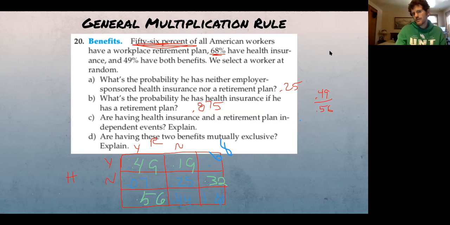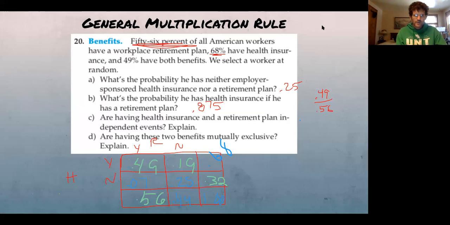Are having health insurance and a retirement plan independent events? I'll just let you think about this one for a minute, see if you can come up with an answer. So there's different ways we can look at this question to answer it. And maybe the first way I'll talk about it, and we'll see how many ways I go through this. Actually, I didn't want to erase that. I wanted to erase this.